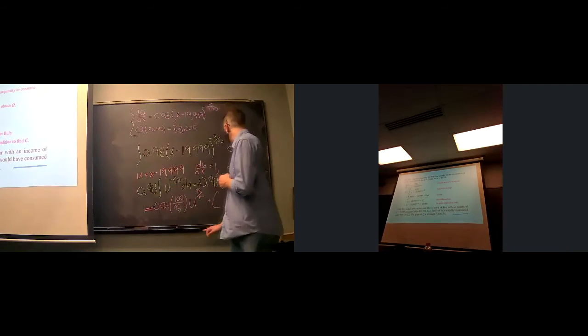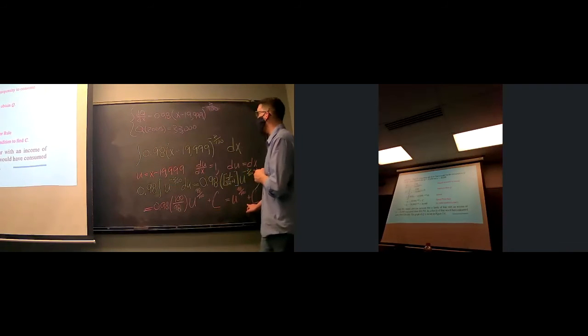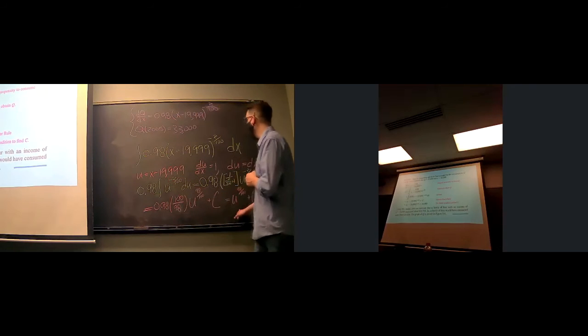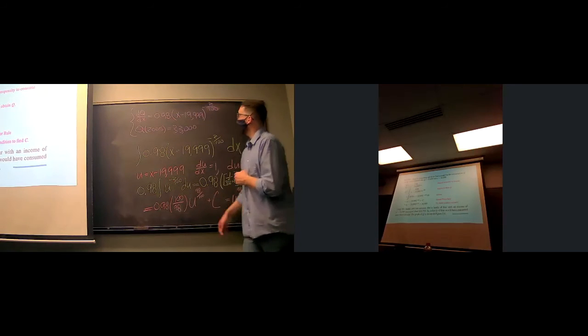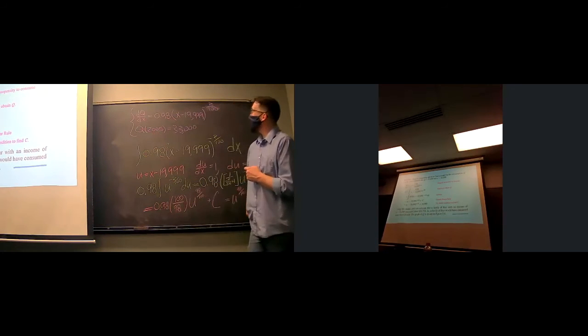So now, from here, we're going to plug in our initial condition and solve the rest of this problem. We're going to say, all right, cool. Now that we know the general form of our function, once we substitute u back in, then we're going to sub in 2005 for x, set that thing equal to 33,000 and solve for c.